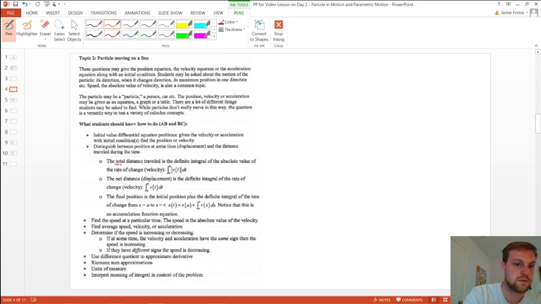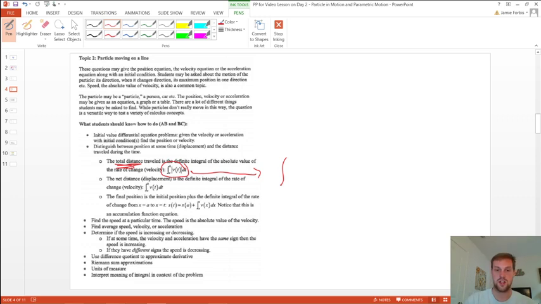Now, total distance. Remember, total distance was the integral of the absolute value of v of t. If this is calc active, you can just set it up just like that and do it in the calculator. But if it's inactive, remember, you're going to have to figure out some c value sometimes if it changes positions between a and b.